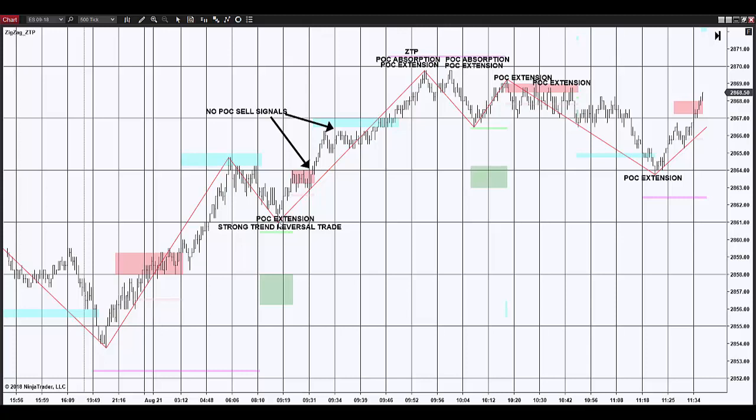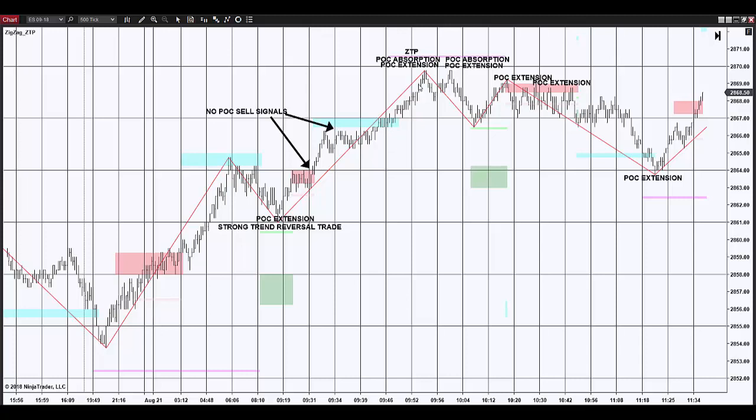After touching the minor support and starting to trade up, the order flow identified a POC extension trade, and at the two areas where we would expect to see some resistance and give us a possible reason for an exit from this trade, we didn't see any POC sell signals, and that's either at this test of a high or at the blue counter trend zone up here.